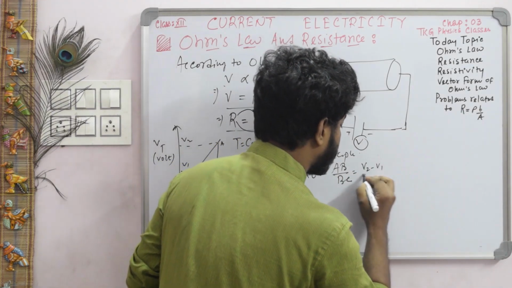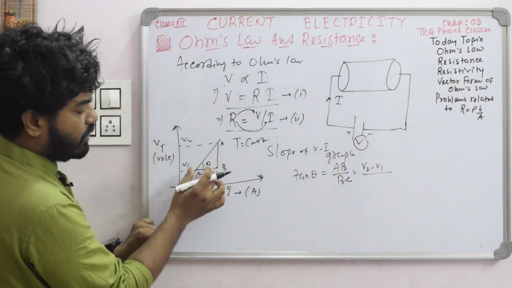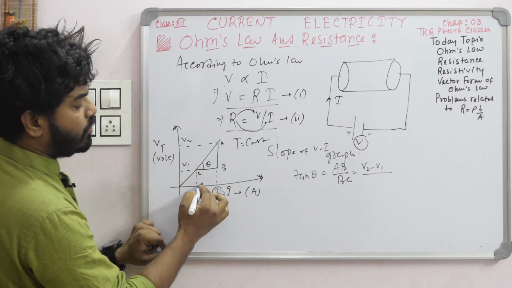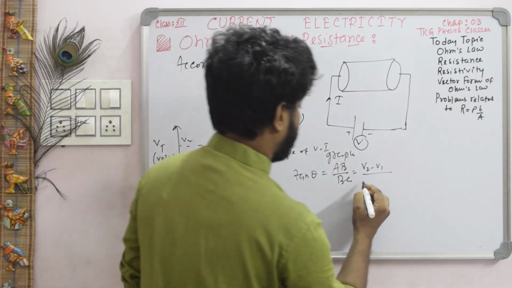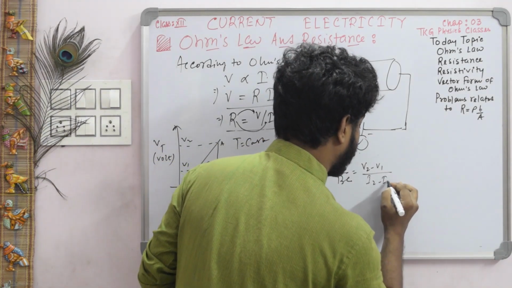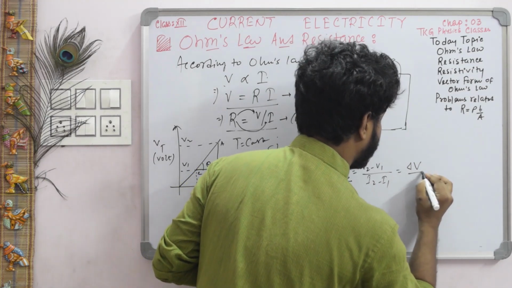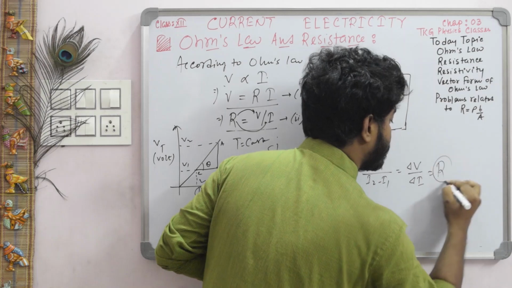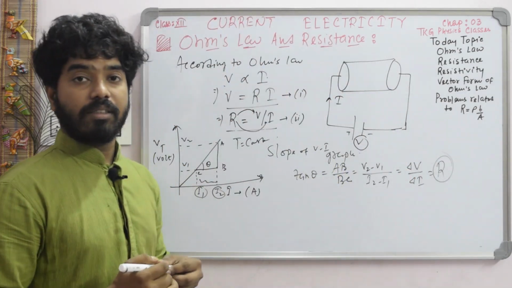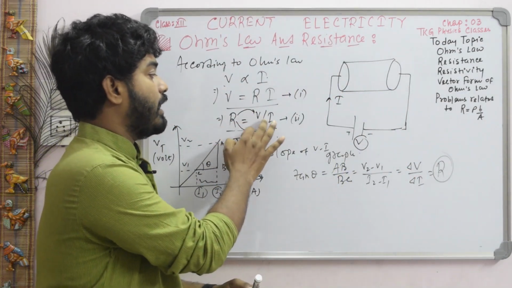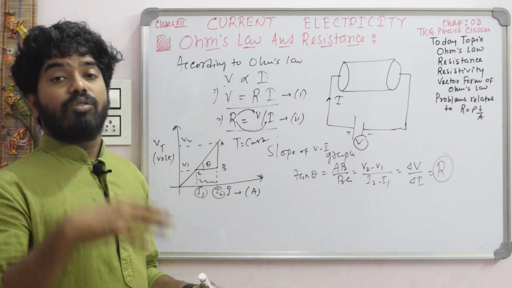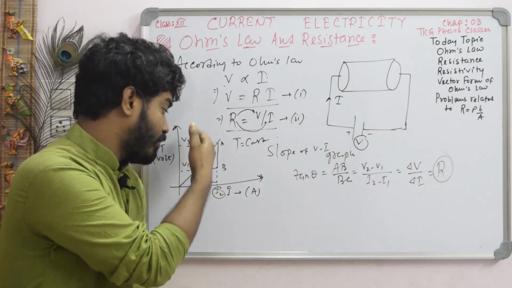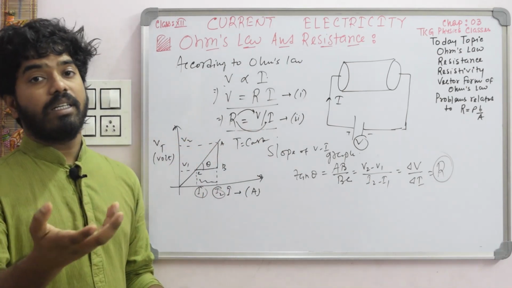And what is BC? This one is I2, this one is I1, so BC is I2 minus I1. So this one is del V and this one is del I, and you know V by I represents resistance. So the slope of the VI graph represents the resistance.